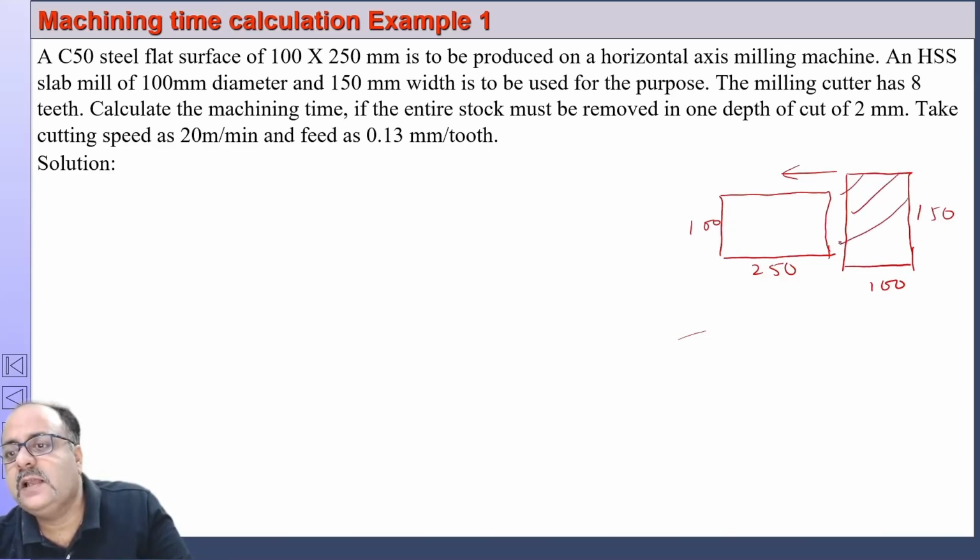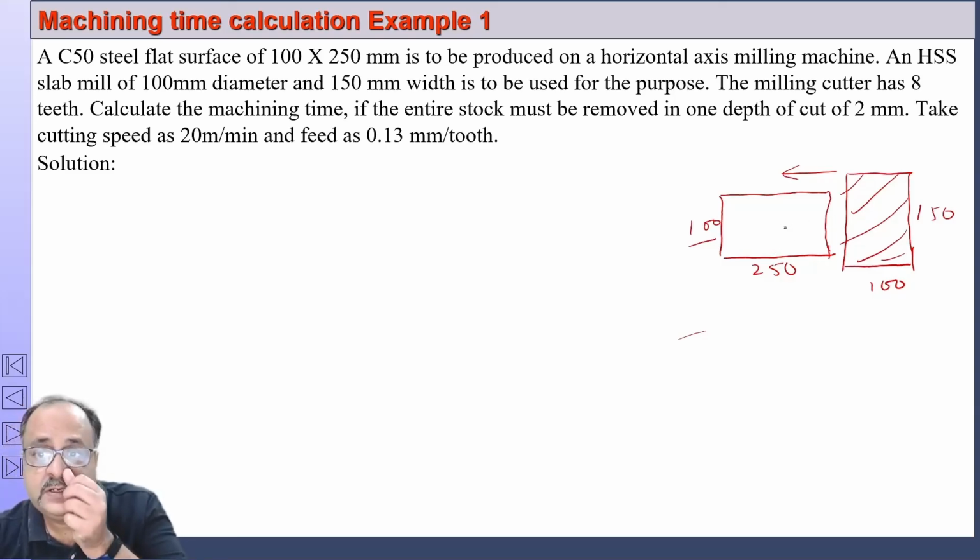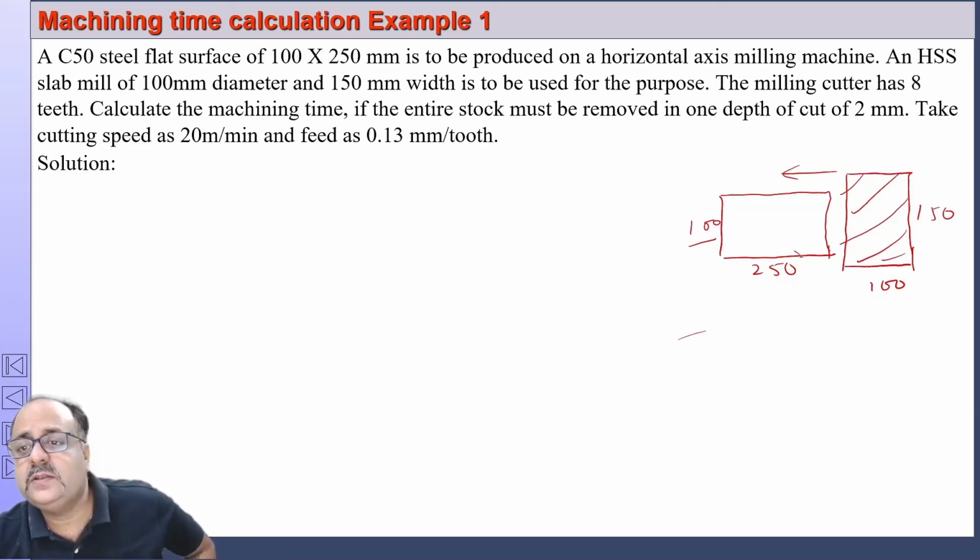It has cutting edges like this. So this should be the width, and we have to remove it in a single cut. This should be the width and this should be the length, and this is slab milling, so we have to find out the approach length, which will be root over d minus.